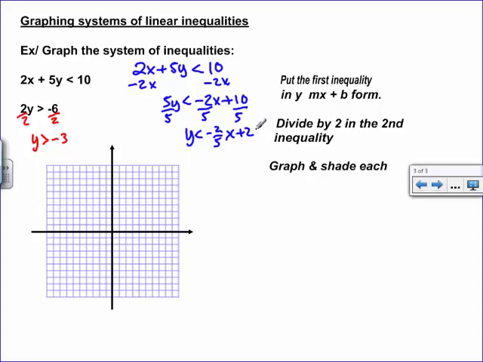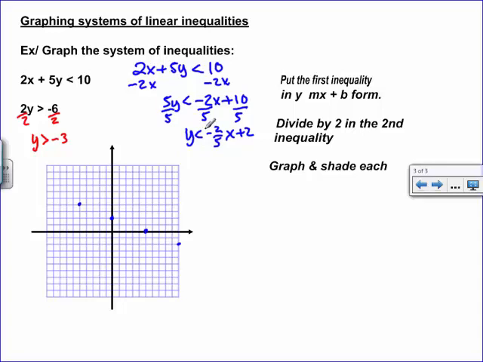Okay, let's graph this. Y-intercept is at 2. Slope is -2/5. We're simply going down 2 over 5. Or you could go up 2 and left 5.